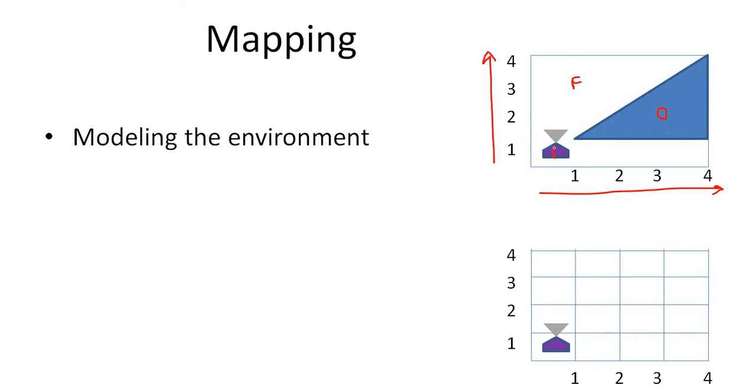And here is our robot. It can move freely in this free space, but it cannot go in this obstacle space, which is occupied space, we can say. So this is free space, and this one is occupied space, the blue area. So how can the robot make a map of this room? Let's see.